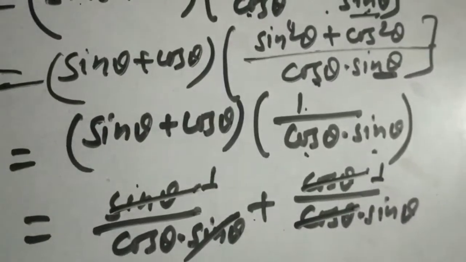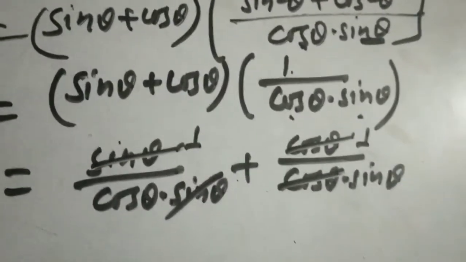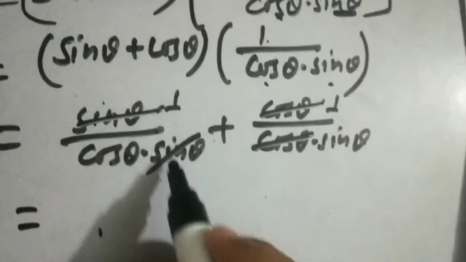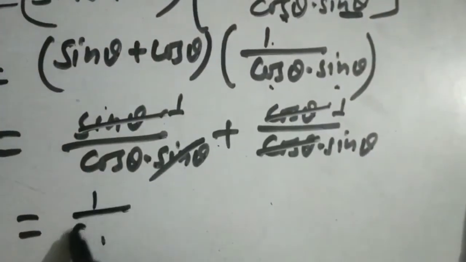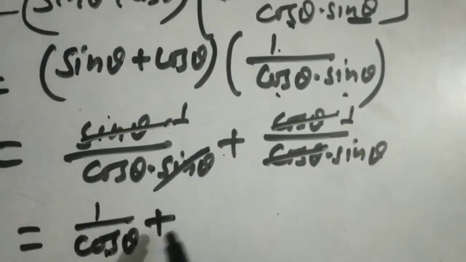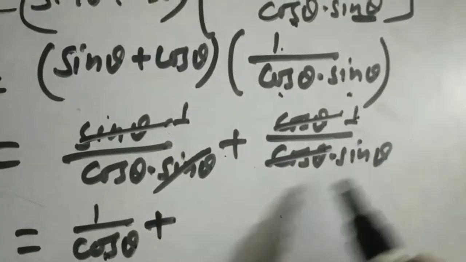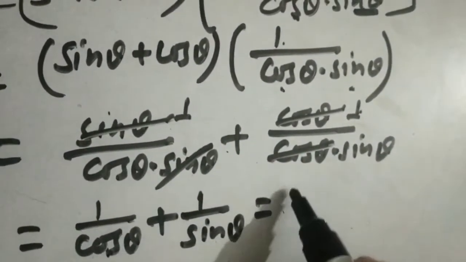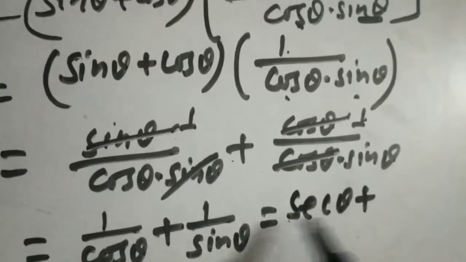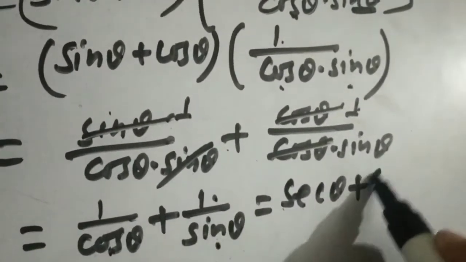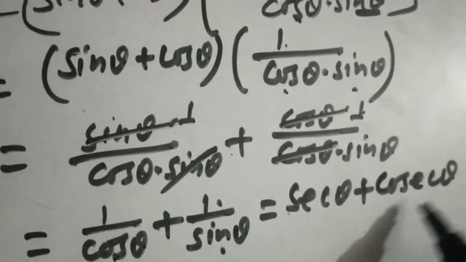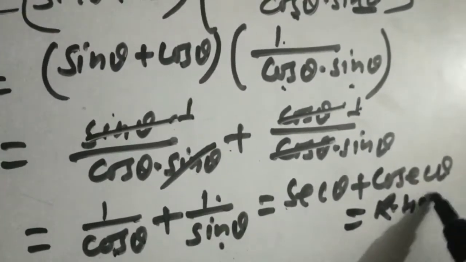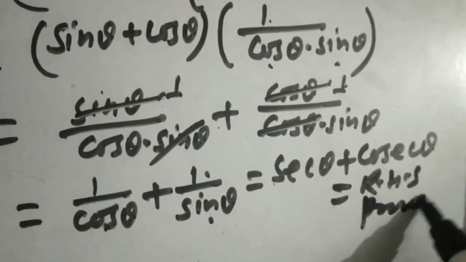Then we are left with 1 upon cos theta plus 1 upon sin theta, and 1 upon cos is equal to sec theta, and 1 upon sin is equal to cosec theta, which is equal to RHS. Proved. Okay.